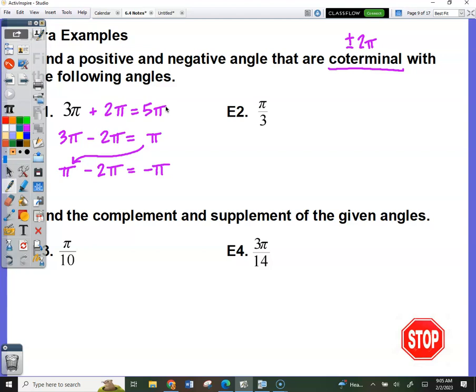The next one, did you get 7 pi over 3 and negative 5 pi over 3? Yep. Has everyone had a chance to finish the bottom two?